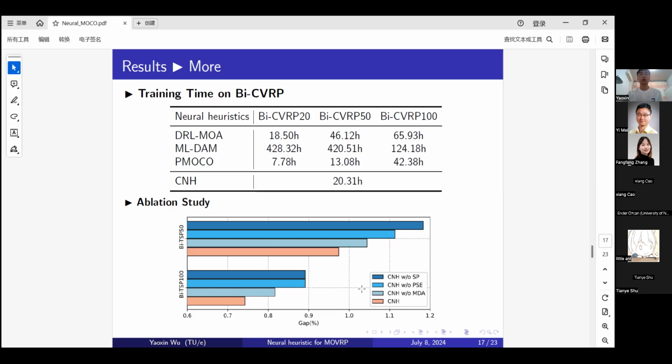And we also test the main design of our model, for example, the cross attention and the embedding of problem size. And we found that they are performing very well.